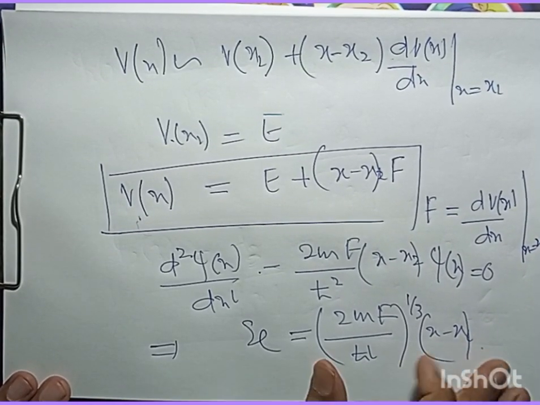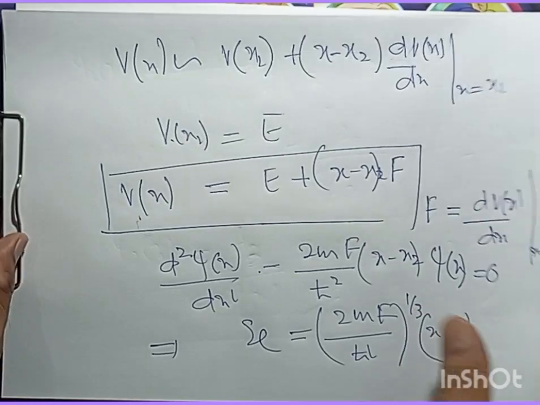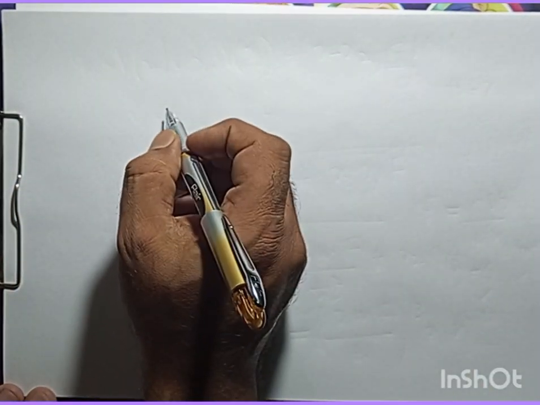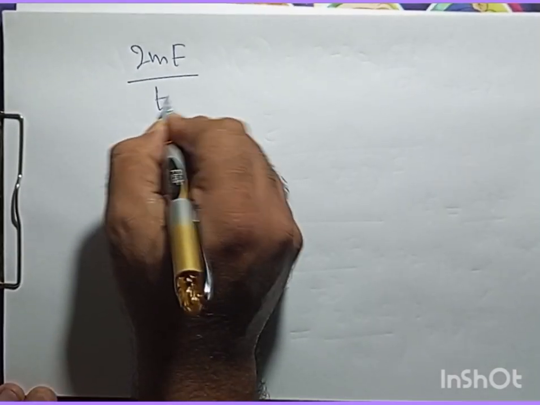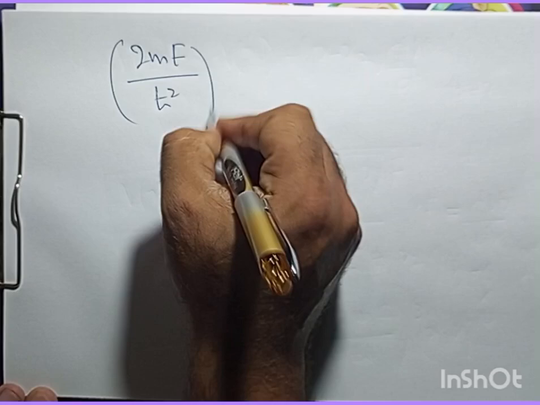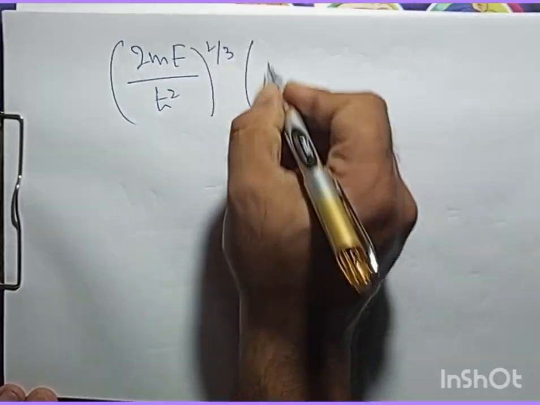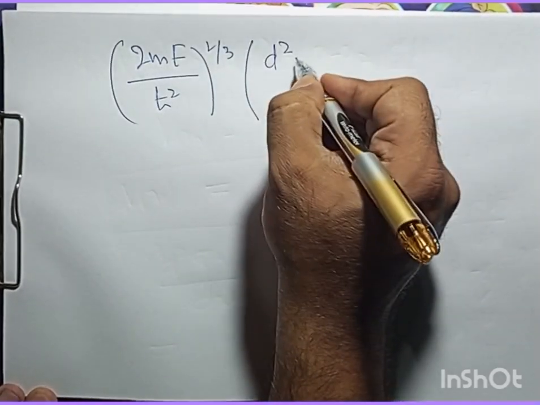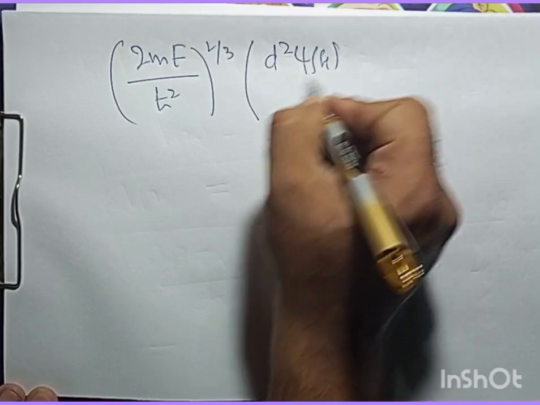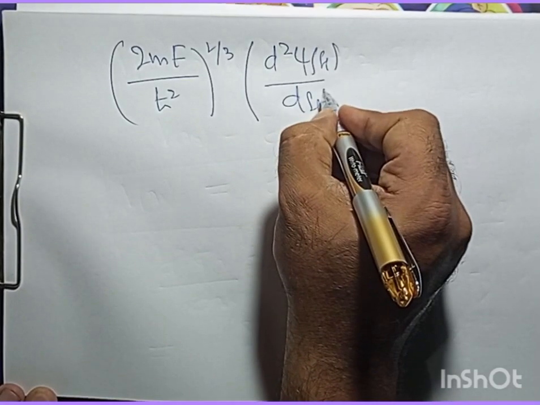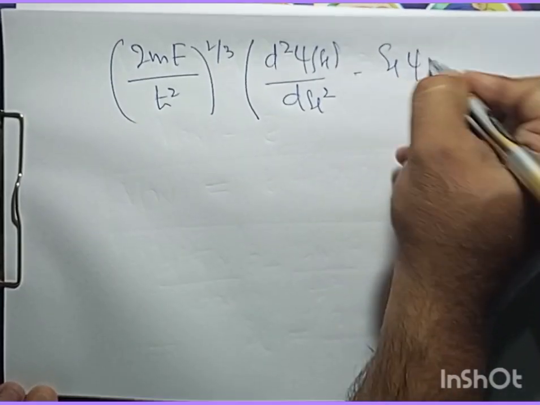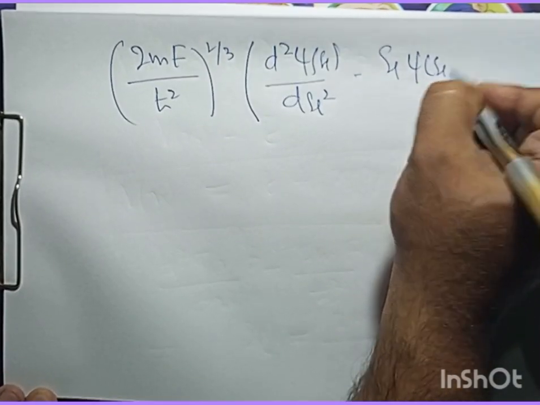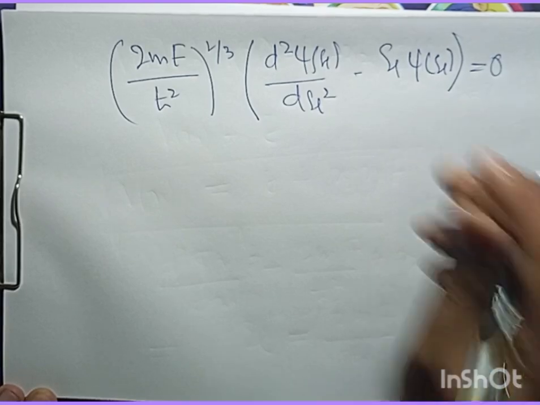Now if you do that, this equation will be transformed into 2mf by h cross square whole to the power of 2 by 3 times d2 psi of zeta by d zeta 2 minus zeta psi of zeta. This is going to be equal to 0.